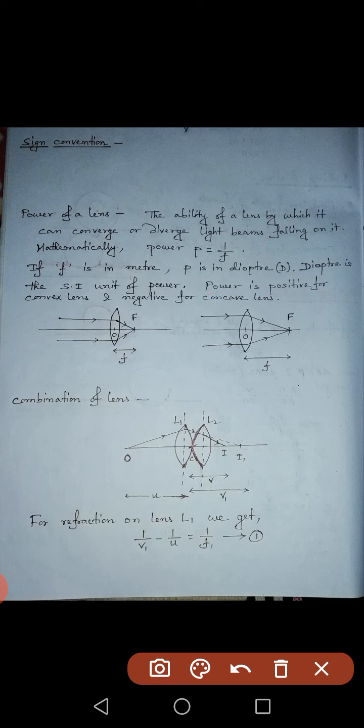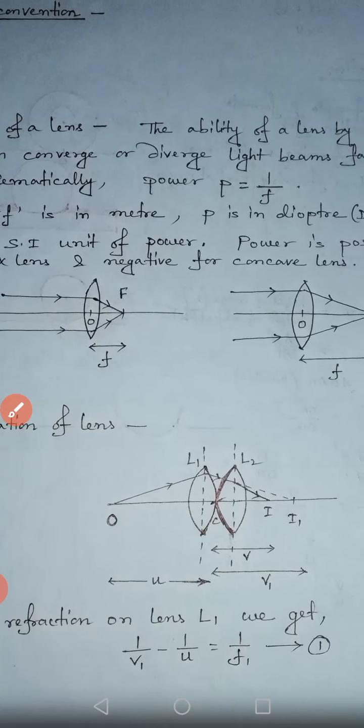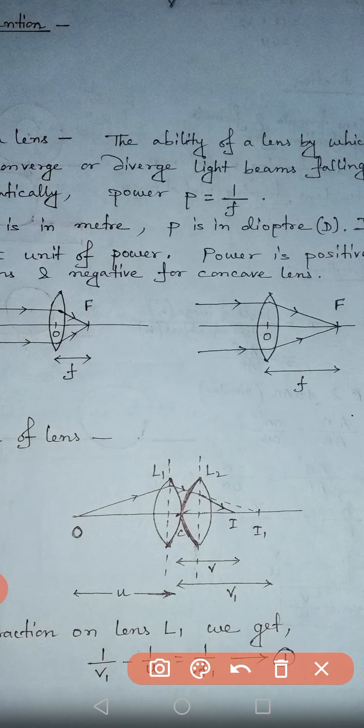Another thing: here you see, out of these two lenses, which one has the smaller focal length? This one, because the focal length is the distance of the focus from the optical center. Here you can see this is the focus, this is the optical center, and the distance between these two is the focal length.